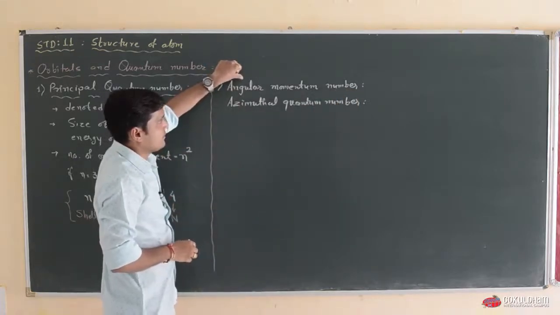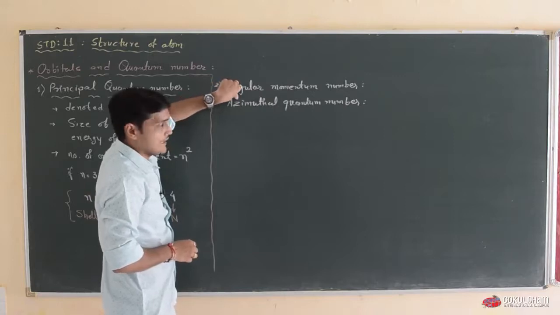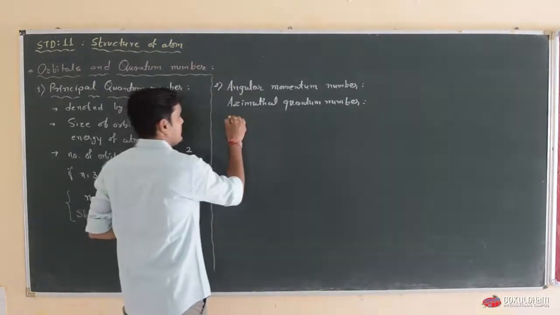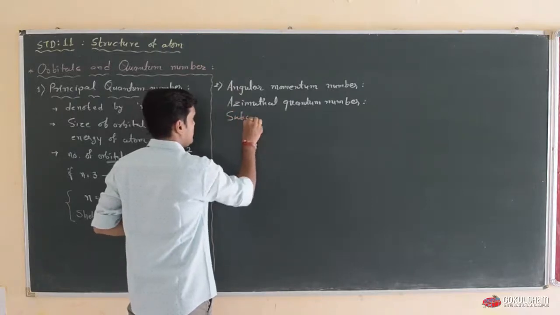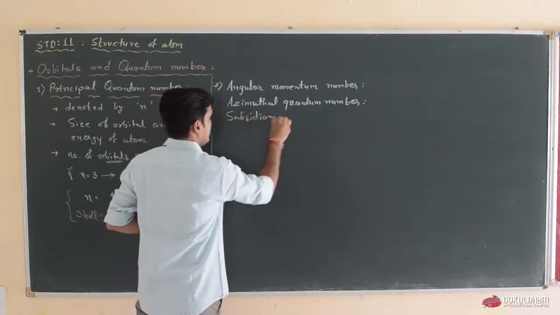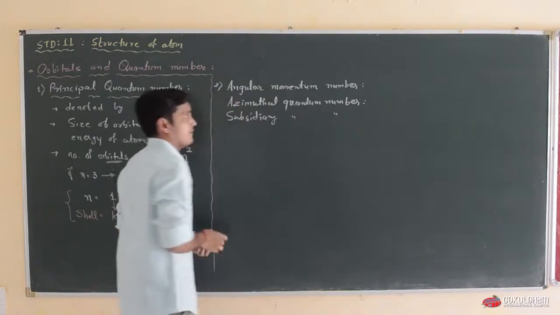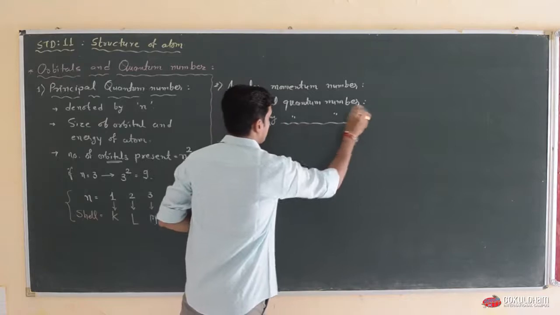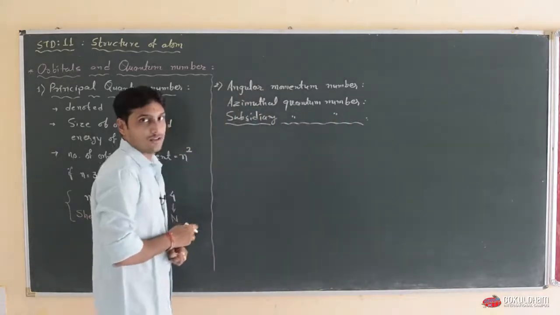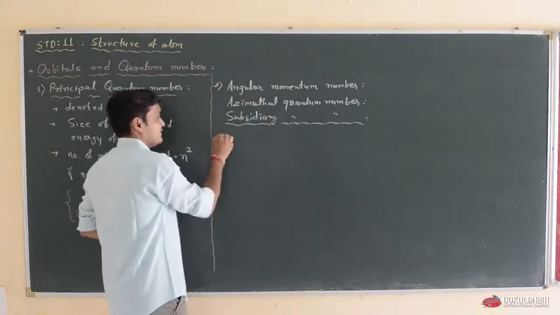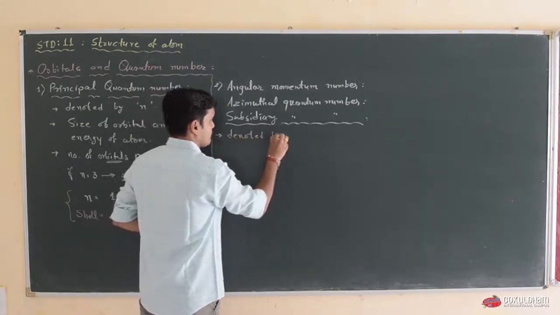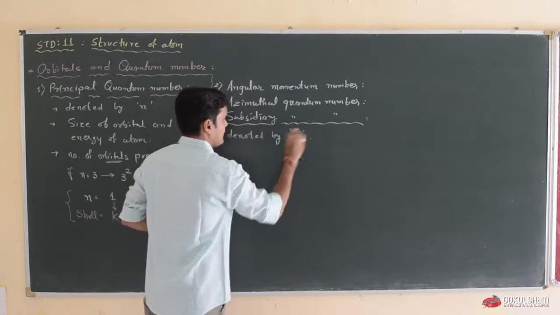The angular momentum quantum number has another name, the azimuthal quantum number, and a third name, the subsidiary quantum number. So these three names refer to only one quantum number, and this is denoted by small l.